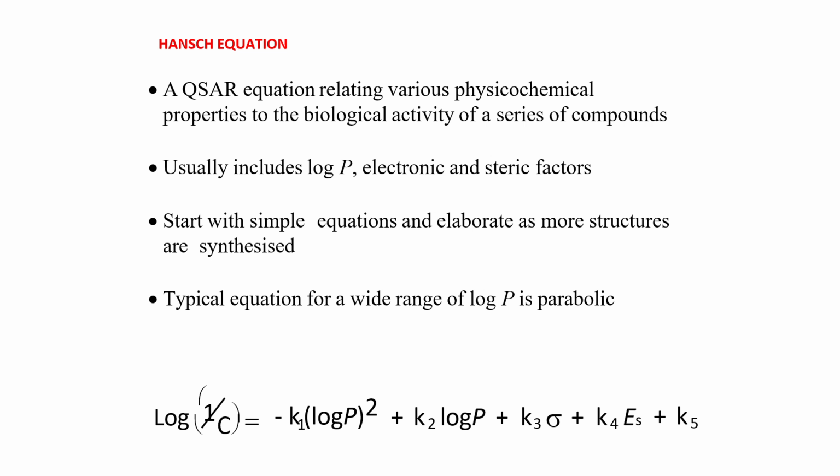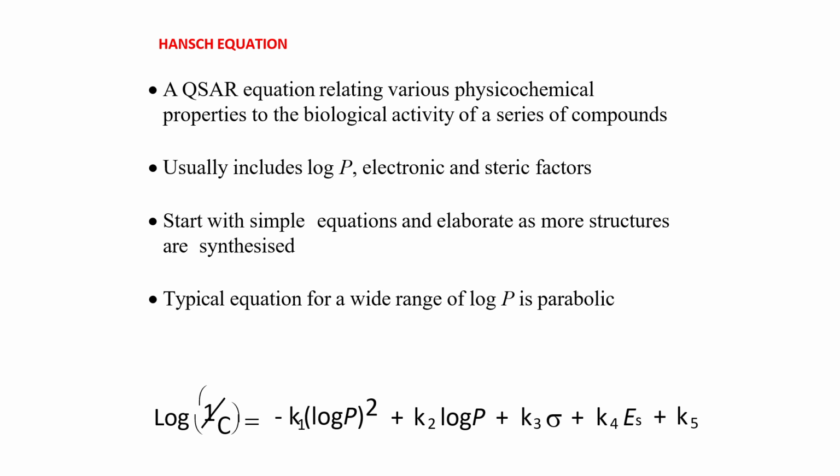If the range of hydrophobicity values is limited to a small range, then the equation will be as follows. The Hansch equation is log of 1 upon C equal to K1 log P square plus K2 log P plus K3 sigma plus K4 Es, that is the Taft steric factor, plus K5.